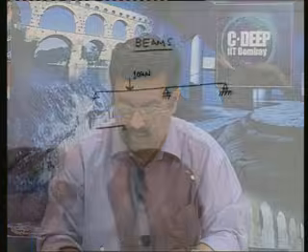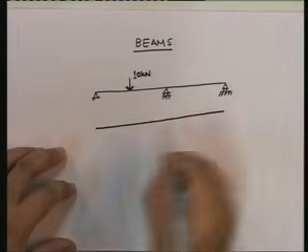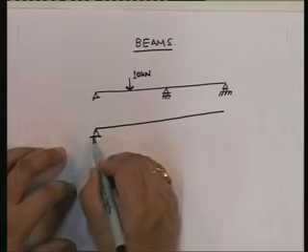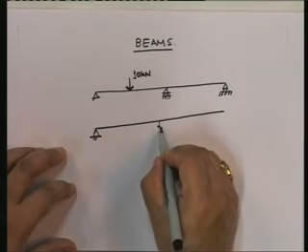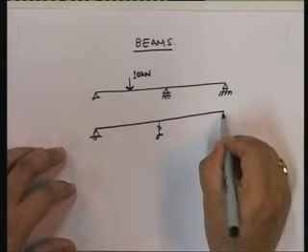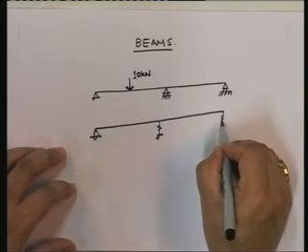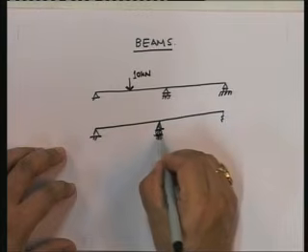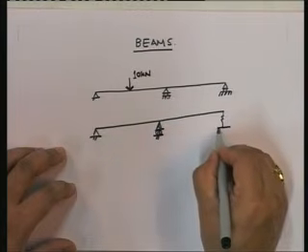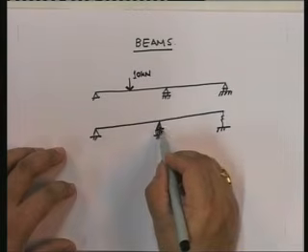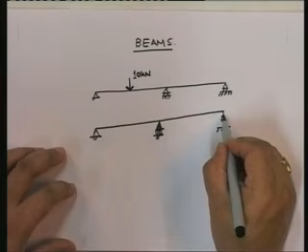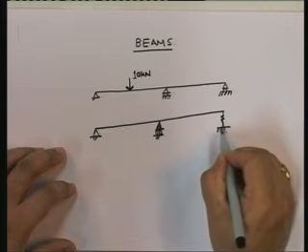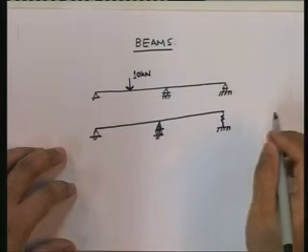What happens when I have a flexible support? Let us take the situation that, let me not consider both of them flexible, let me just consider one of them flexible. So, let me take that this continues to be a roller support, but this is flexible.